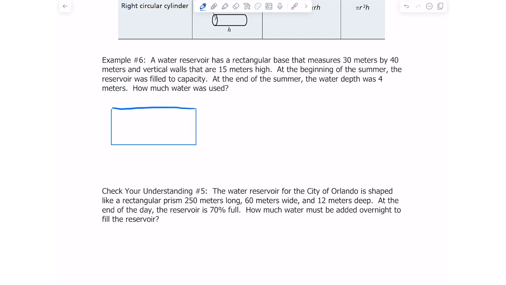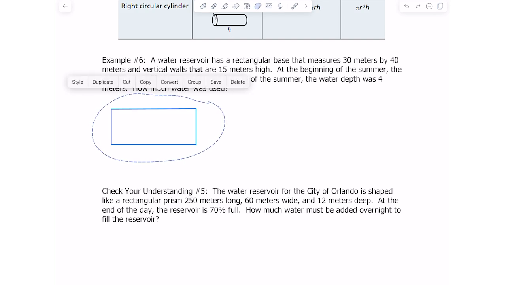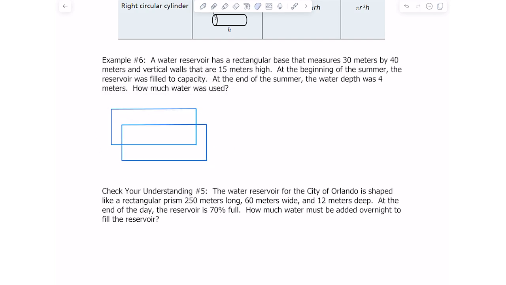Okay. And I'm doing my best to make it drawn to scale, but it doesn't always work out like that. So let's see. I want to duplicate that. There we go. Okay, and then I'm going to connect it like this.